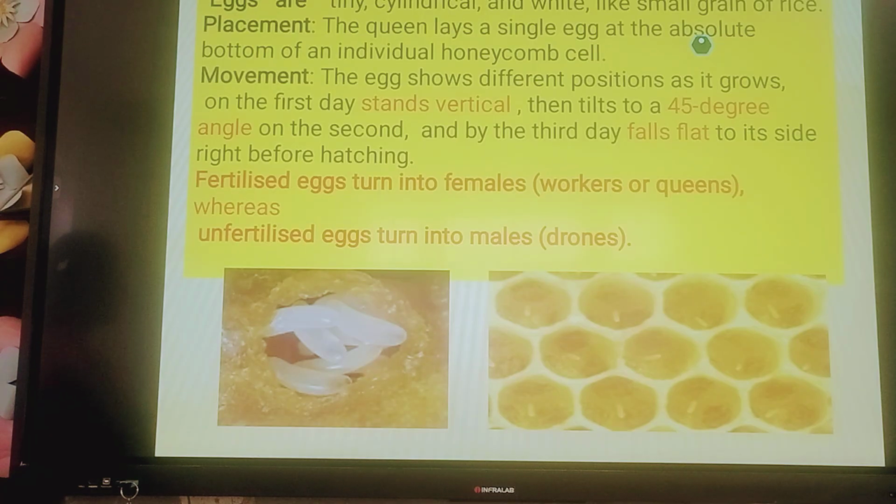On the first day it is standing vertical, then it tilts to 45 degrees on the second day, and on the third day it falls flat to the side before hatching. Fertilized eggs turn into females, which are workers or queen, and unfertilized eggs turn into males, which are drones. So this is the structure of the egg, and these are in the honeycomb. These are the cells of the honeycomb.